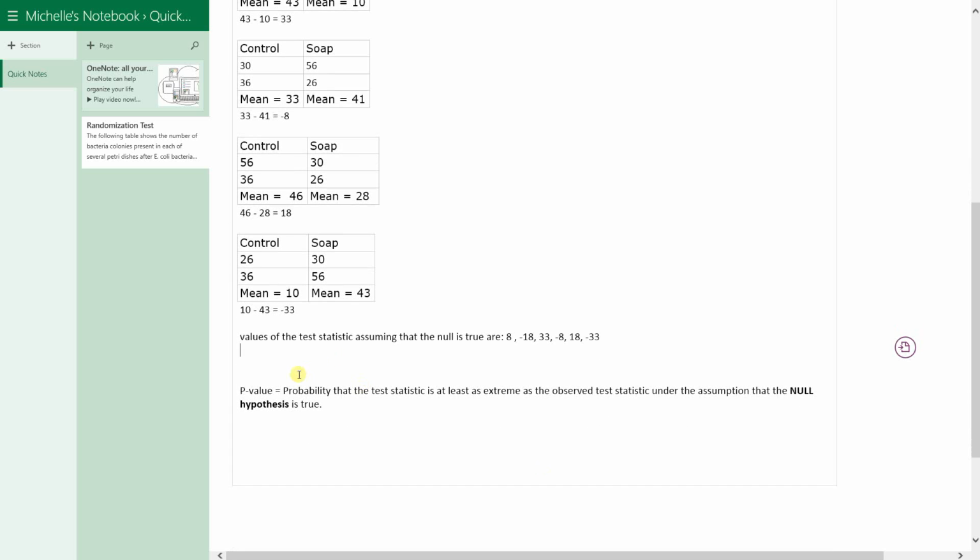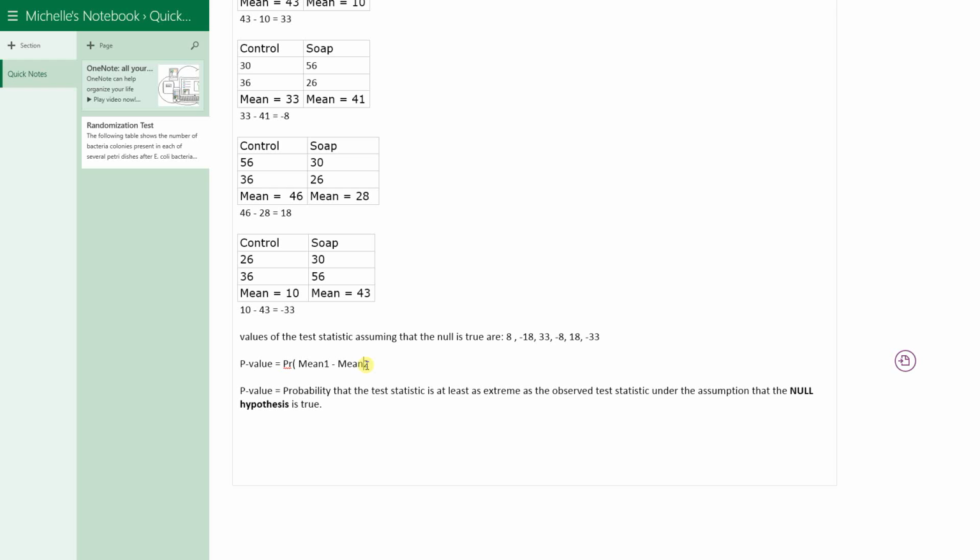Okay, so to calculate our p-value, the p-value is the probability that the test statistic, which I'm going to write as mean 1 minus mean 2, where mean 1 is the control group's mean and mean 2 is the soap group's mean.